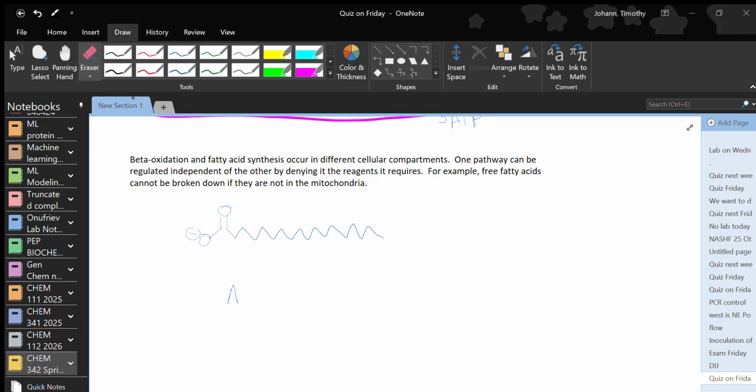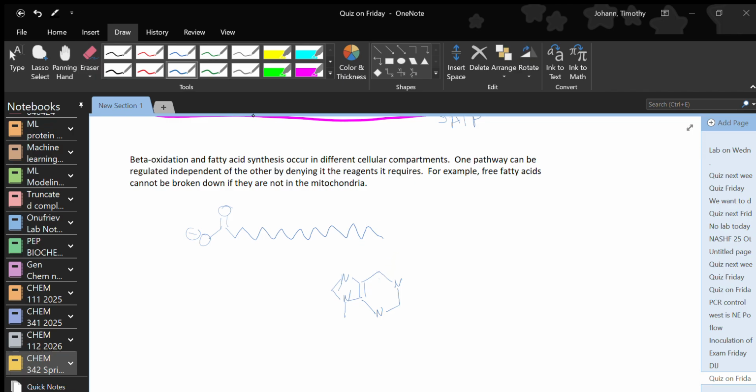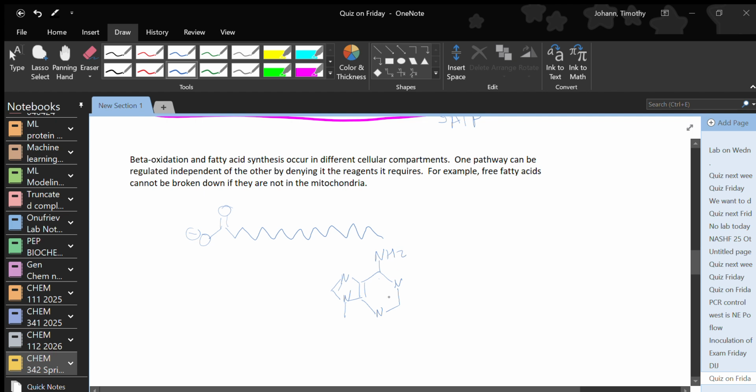So let's see. We're going to draw the whole structure. And they are actually ribo. When you think about just ATP, that's the energy currency. It is the ribo version.